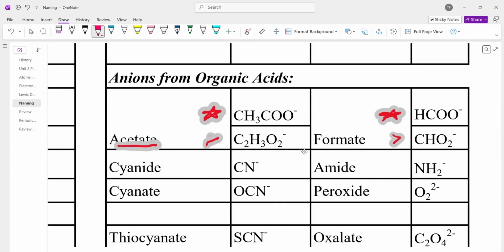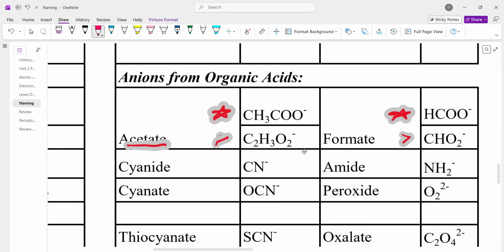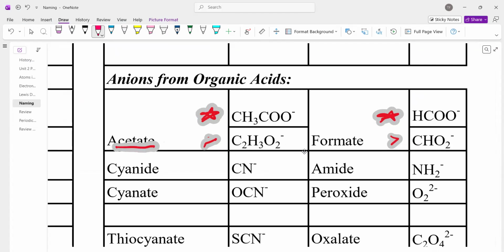And the reason for that is this guy here is the acidic part. So that is, if you throw an H in there, it's acetic acid.